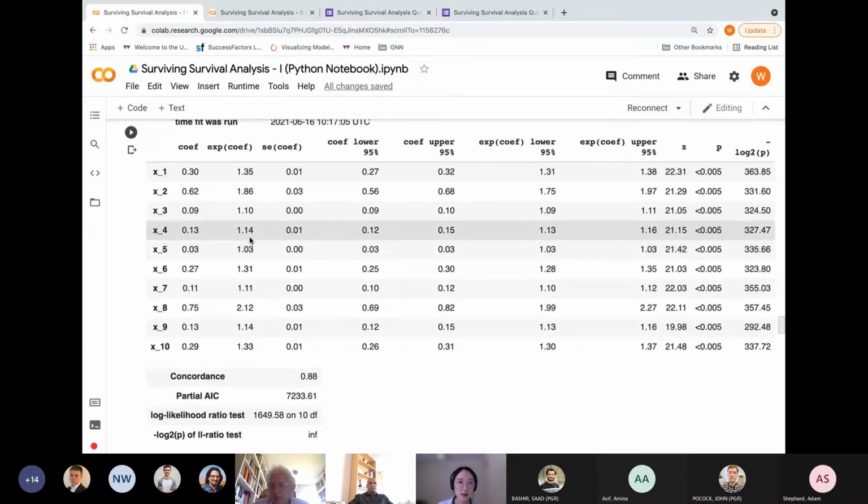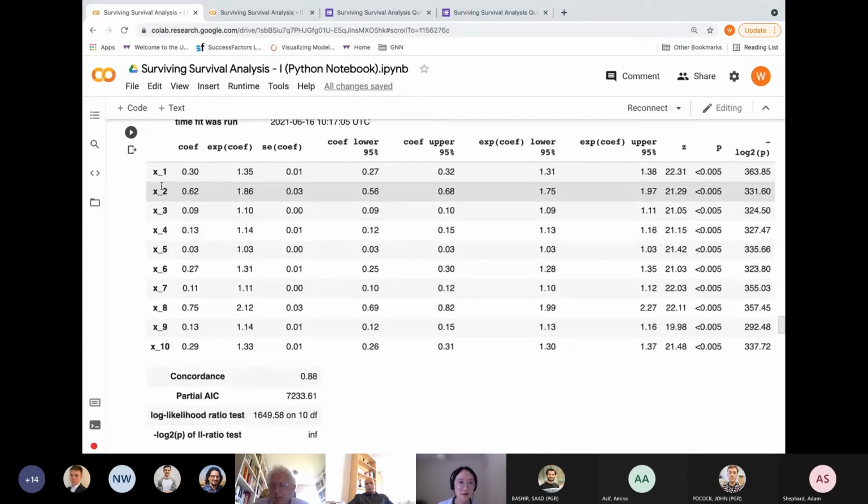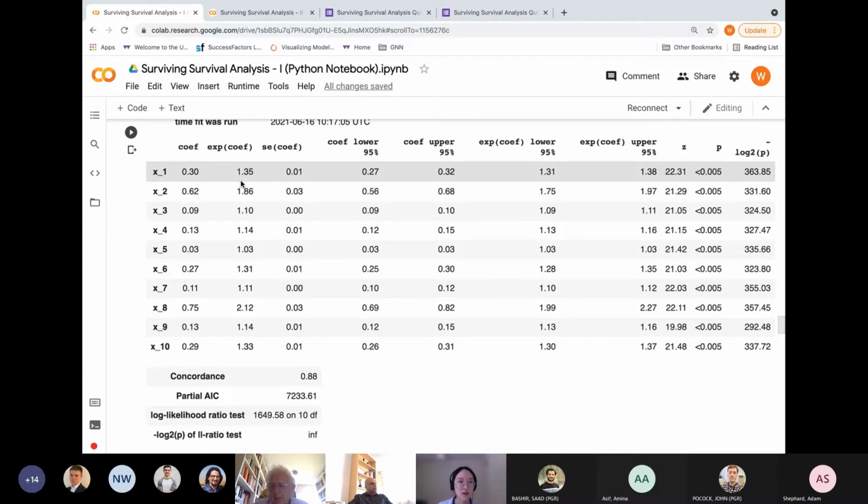In this table, for each feature you can get the regression coefficient, and you can also get the hazard ratio. If the hazard ratio is higher than 1, it means an increase of this feature increases the risk of death.